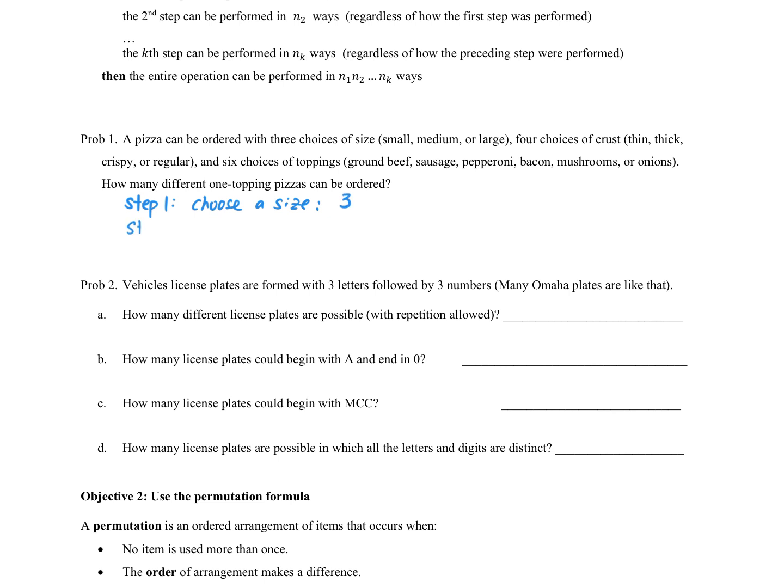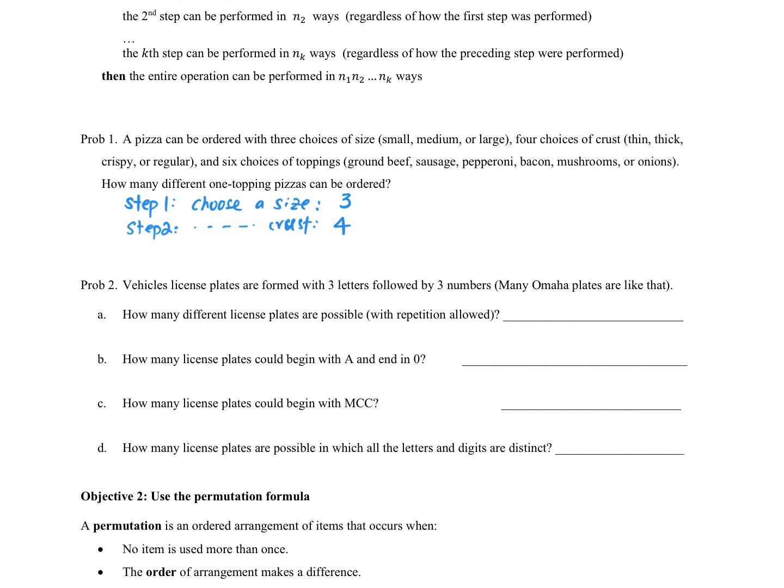Now step 2. We're gonna choose a crust. Now, regardless what size you choose, there are 4 different choices of crust that we can choose. So there are 4 different number of ways to do that, regardless what size you choose.